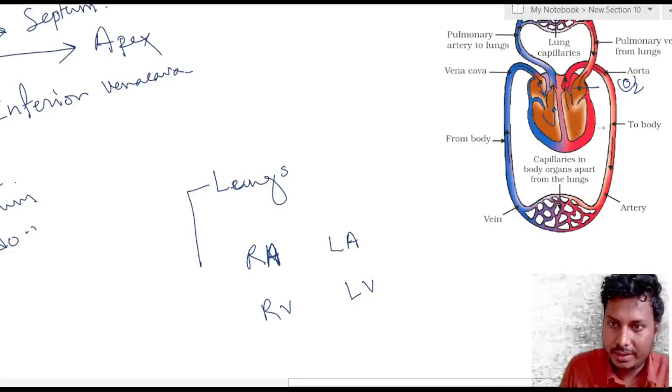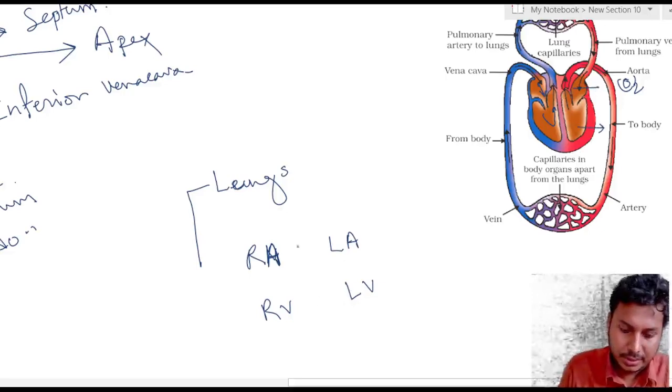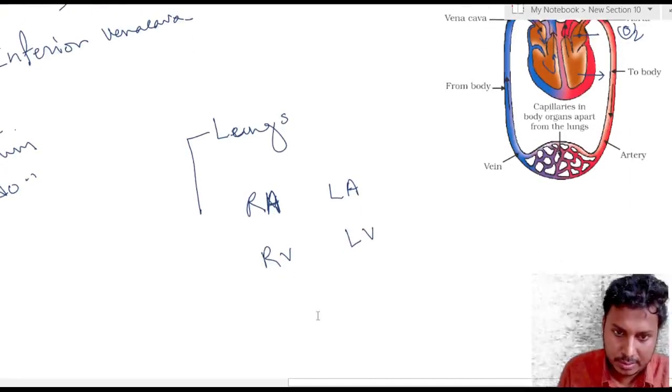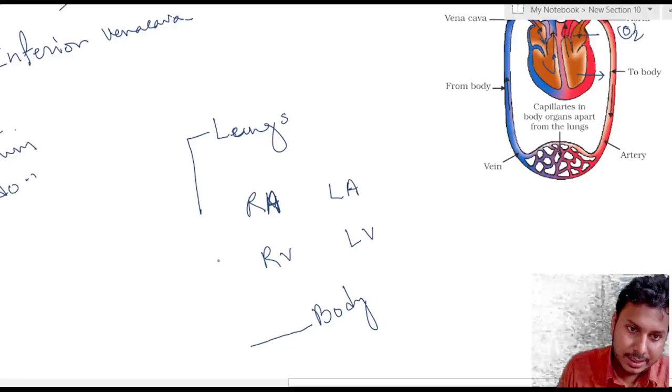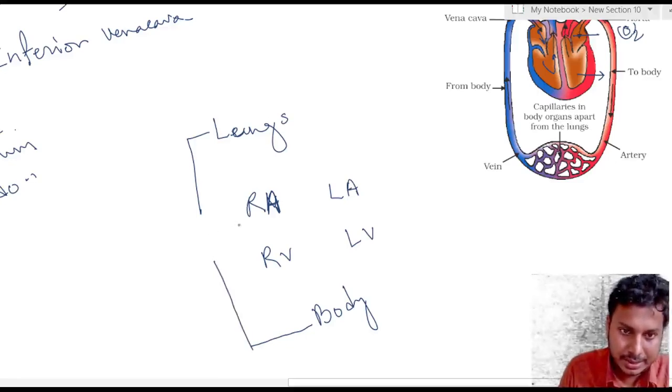And this is your body. This is a schematic diagram. Through the body, deoxygenated blood comes to the right atrium, from the superior vena cava and inferior vena cava. After that, blood comes to the right ventricle.